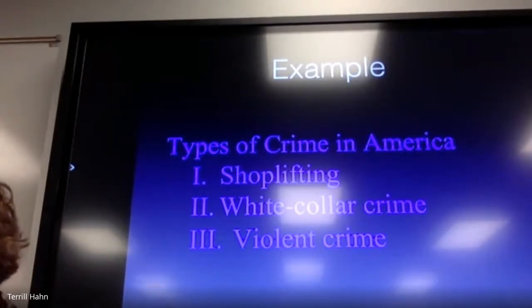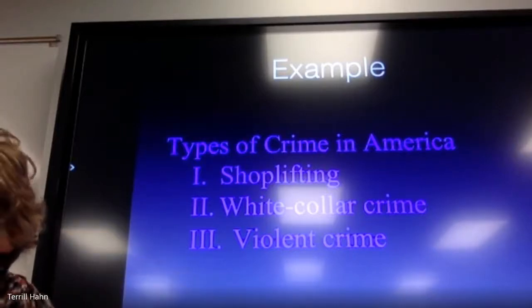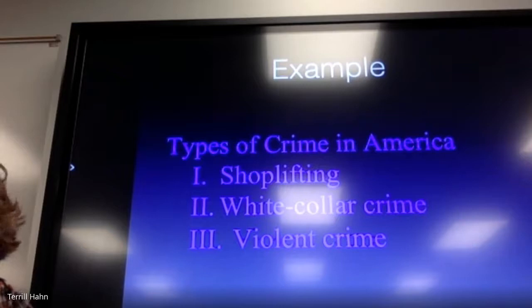Do you know what white collar crime is? White collar crime usually is crimes against government, patents, or businesses, like insider trading. Martha Stewart went to prison for insider trading, and that's called a white collar crime.